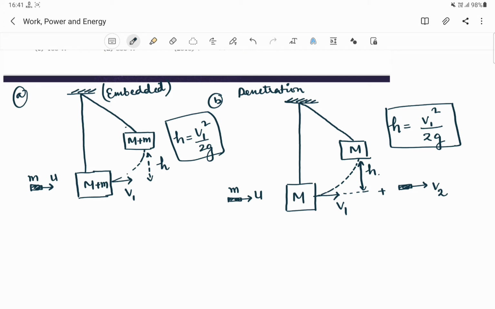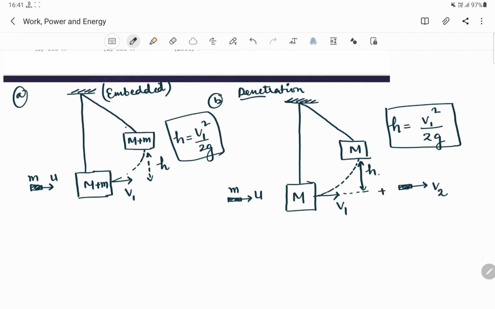For case number 2, it is also very simple. In this case, we have to consider that after penetrating this hanging mass capital M, the bullet moves with velocity v2, and this hanging wooden block moves with velocity v1, and it is raised up to height h, and this height h will be equal to v1 squared divided by 2g.